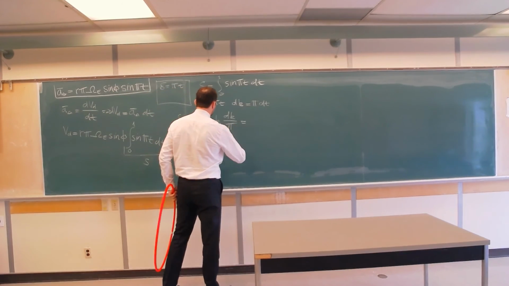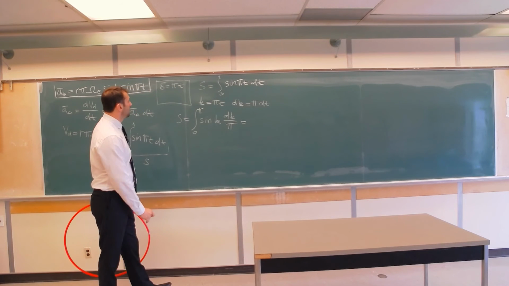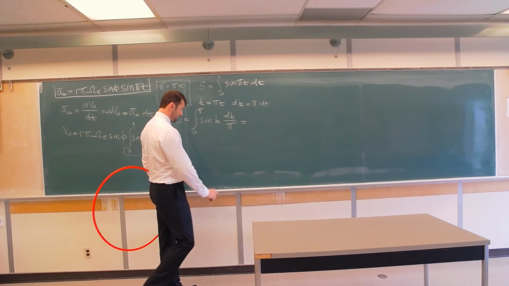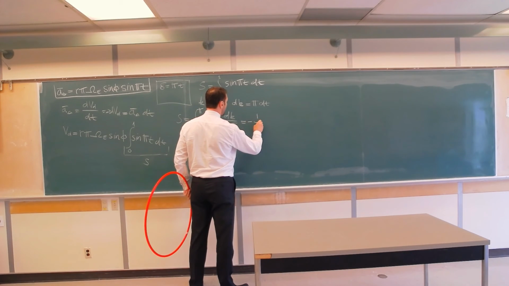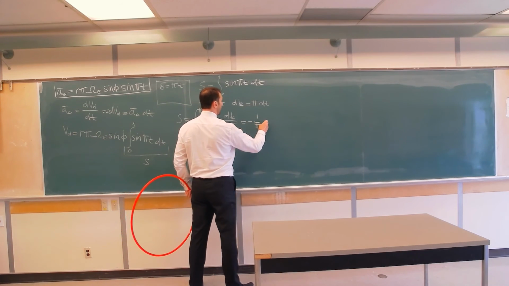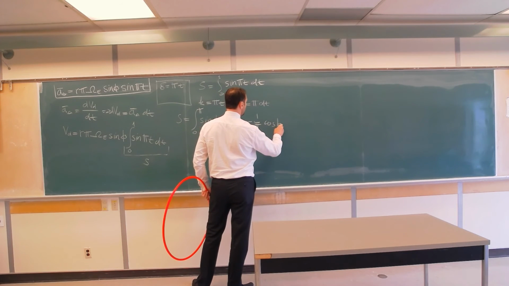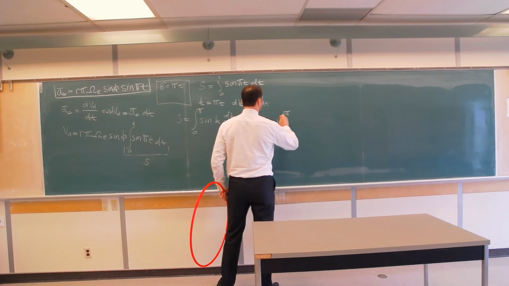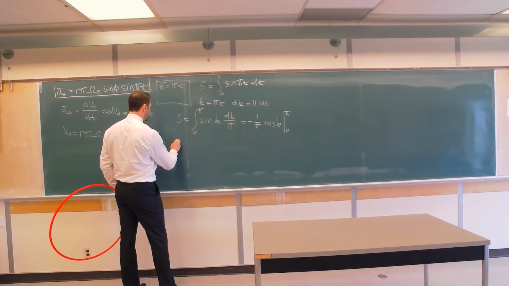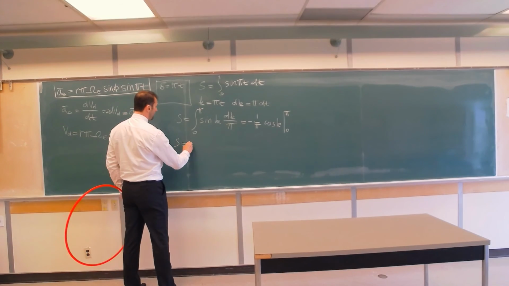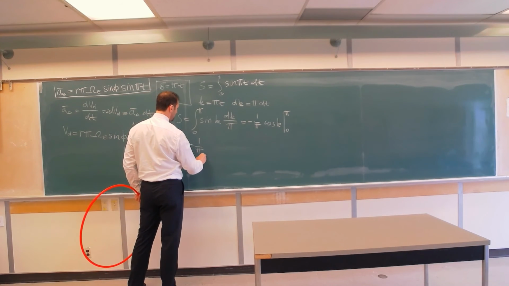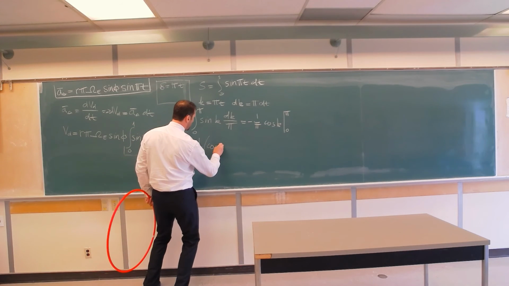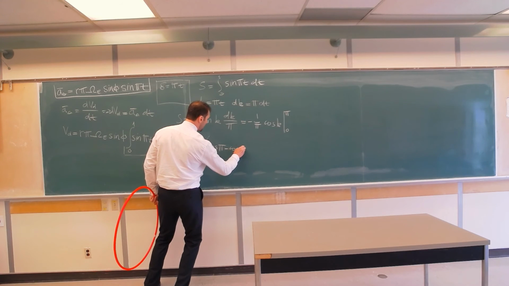And this is equal to, since the integral of sine is negative cosine, negative 1 over pi, cosine k in the limits between 0 and pi. Well, that is further equal to negative 1 over pi times cosine pi minus cosine of 0.